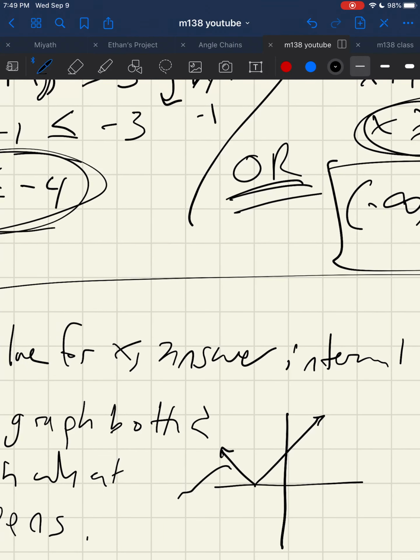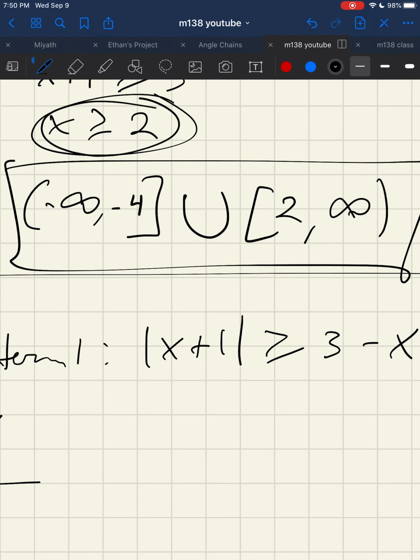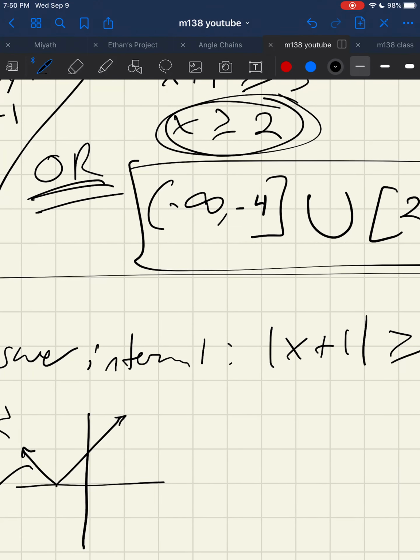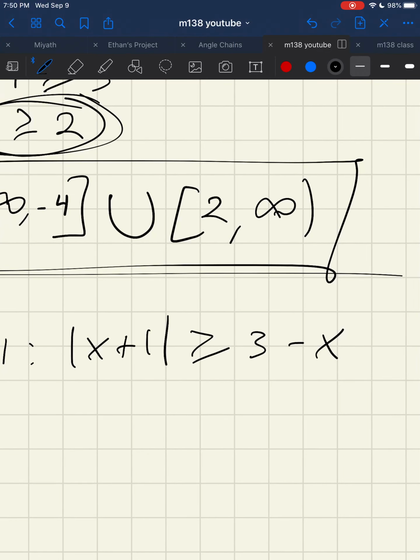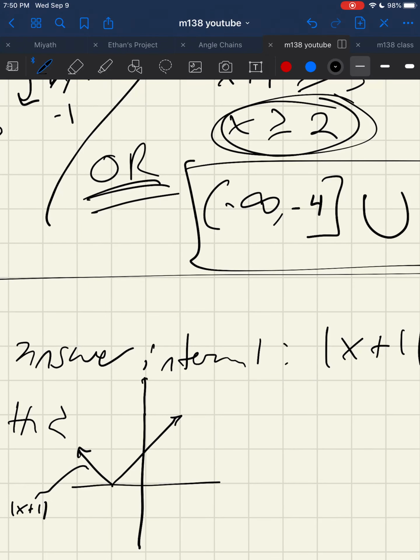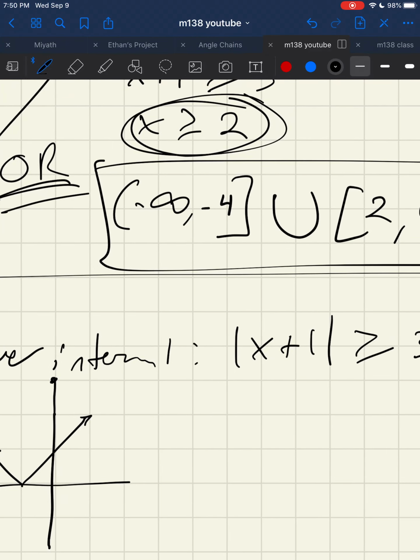And this is, of course, the absolute value of x plus 1. Now to graph 3 minus x, this is a line, and if we think of this as y equals mx plus b, then my m is -1 and my b is 3. So I'm up here at 3 and I'm going down with a slope of -1, so I go down like this.